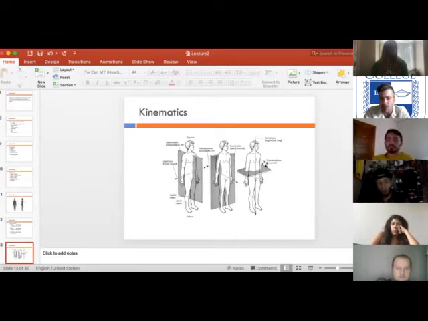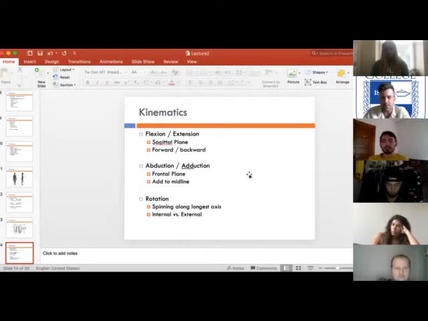And the horizontal plane is the plane that divides the body, typically horizontal to the ground. You're going to have a lot of rotational terms that are going to occur in the transverse or the horizontal plane. Typically, flexion and extension are going to occur in the sagittal plane. And flexion and extension typically will be motions that occur against gravity.